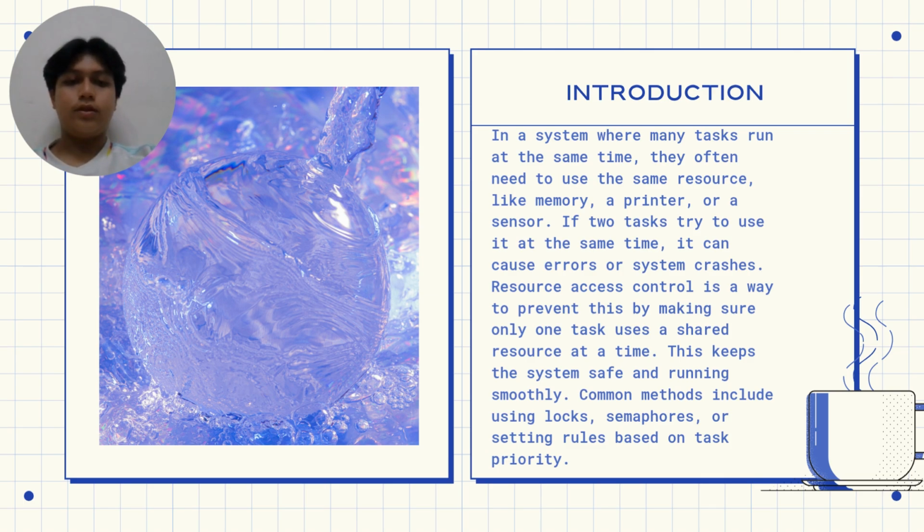Resource access control is a way to prevent this by making sure only one task uses a shared resource at a time. This keeps the system safe and running smoothly. Common methods include using locks, semaphores, or setting rules based on the task priority.